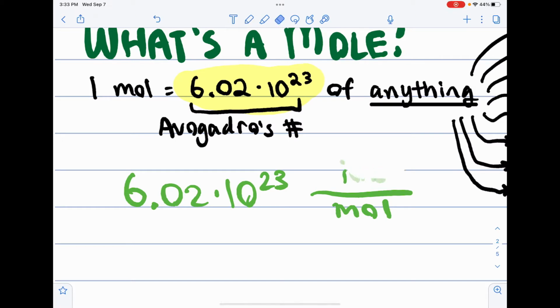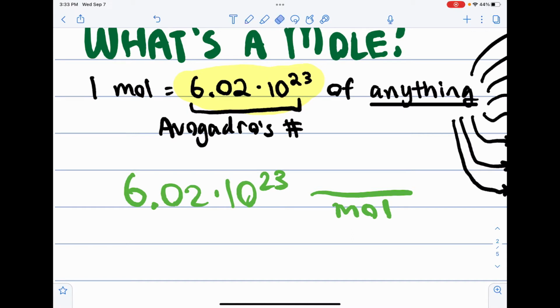And like technically we could say like water balloons per mole or cookies per mole, but we're never going to do that in chemistry. That's just me making a point, and probably your teacher made the same point with you, that a mole of anything is just a quantity. So a mole of anything is 6.02 times 10 to the 23rd power number of anything. Sometimes you will see it without a unit.